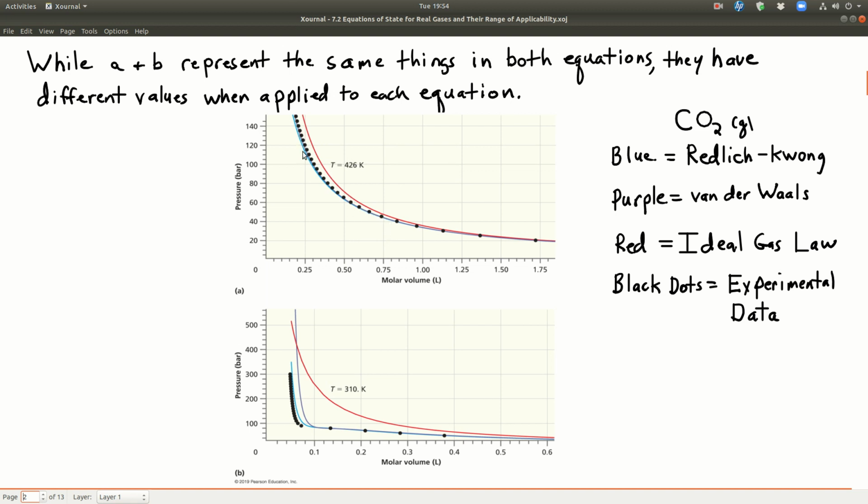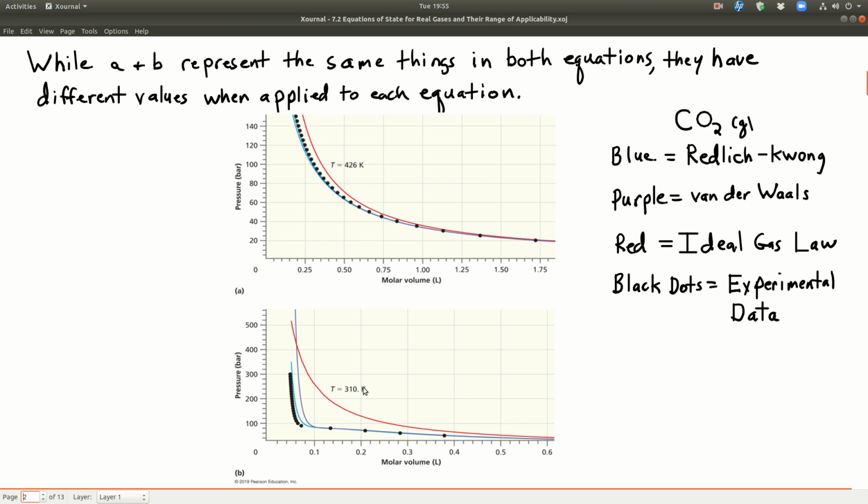The blue is the Redlich-Kwong equation. You can't really see it, but right underneath it there's a purple one, which is the van der Waals. Black dots are experimental data, basically, so it's the real behavior. And everything lines up pretty well. Van der Waals and Redlich-Kwong do a little bit better than the ideal gas law, but it's still pretty good.